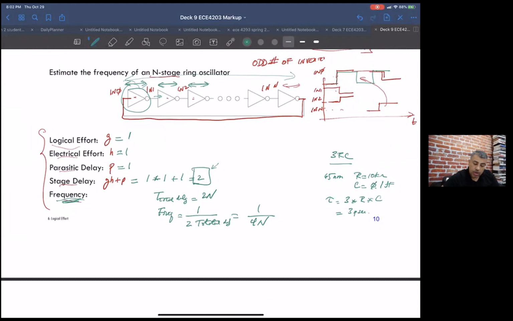So if you want the frequency for, let's say, n equal to 31 stages and the 65 nanometer process, we just do 1 over 4 times 31 times 3 picoseconds. And that equals 2.5 gigahertz.